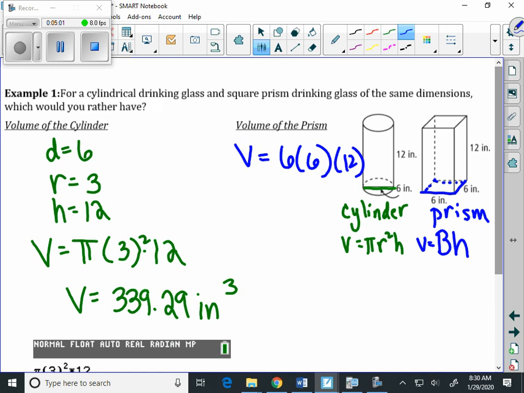For rectangular prisms and square prisms, length times width times height is maybe what you learned in your earlier math classes. But once again, what we want to do after we figure out the area of the base, by the way, here's the area of the base, there's the big B, and then the 12 is the height.